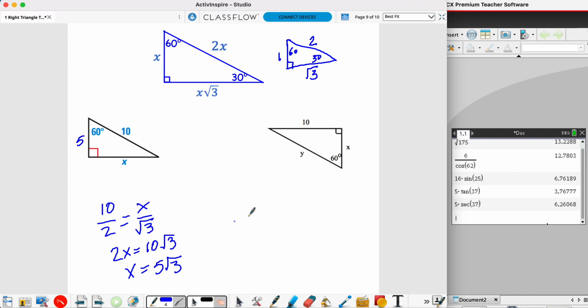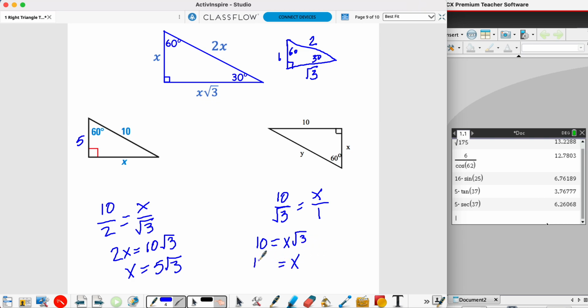Both ways work fine. This way is nice for when you're given the long leg. I'm going to go long leg 10 over long leg up here, square root of 3, and that is equal to x over short leg, which is 1. Now I cross multiply. I get 10 is equal to x times the square root of 3.